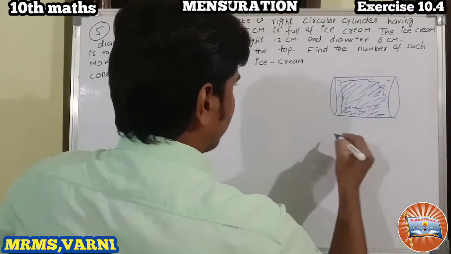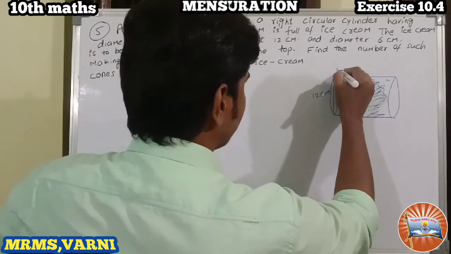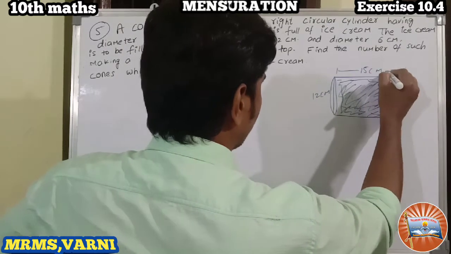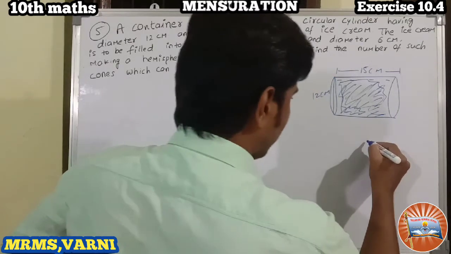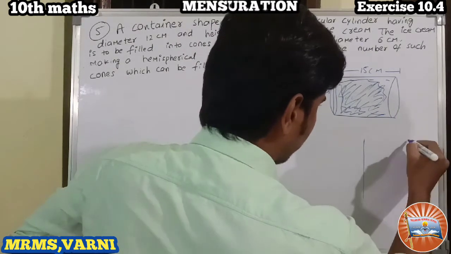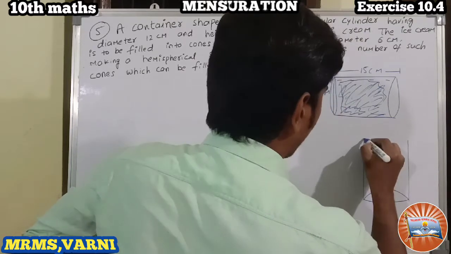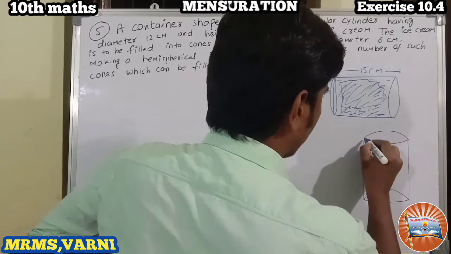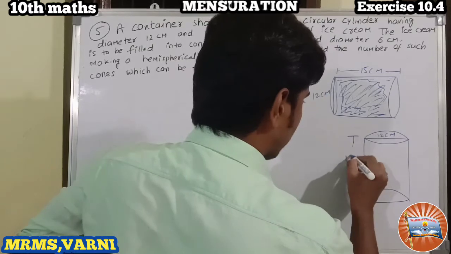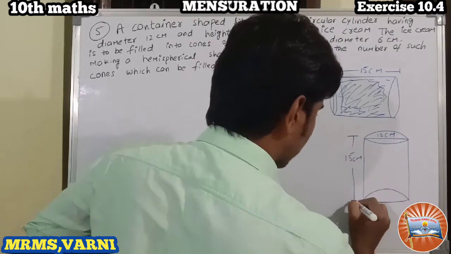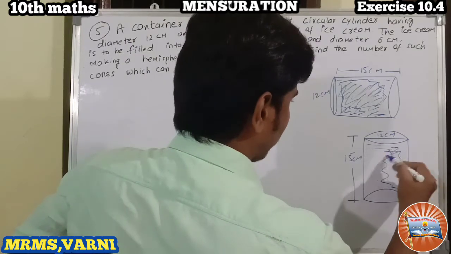This is the diameter of 12 centimeter, and the height is the length here. If I take this cylinder in the vertical direction, it would be like this. Diameter 12 centimeter and height 15 centimeters. It is having ice cream in that.